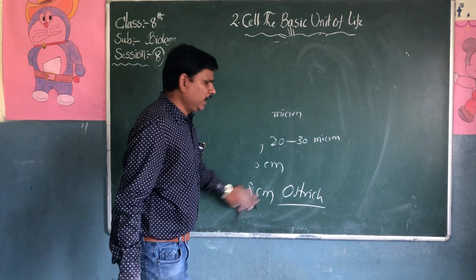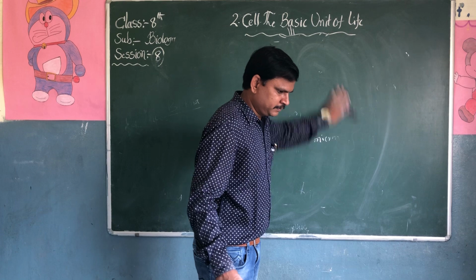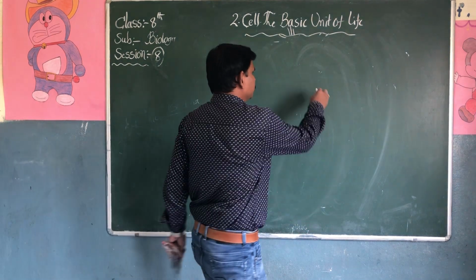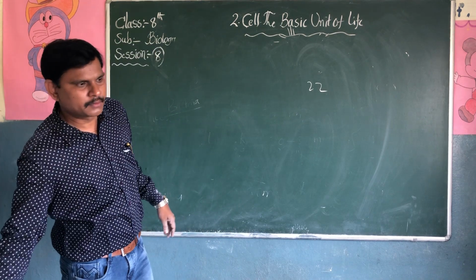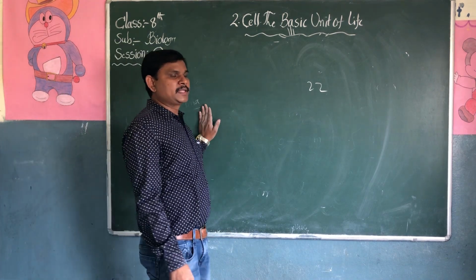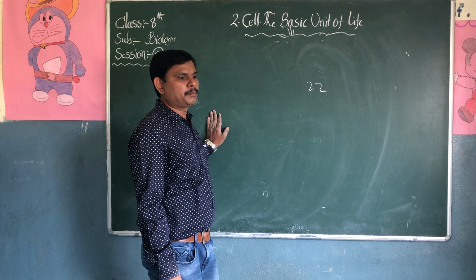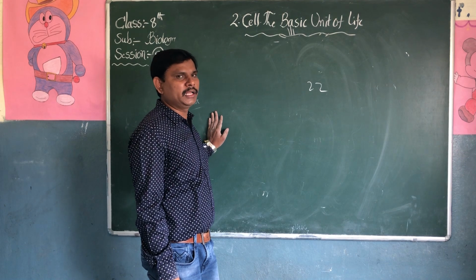In your textbook page number 22, they have given the name of the cell, shape of the cell, and parts observed in it.